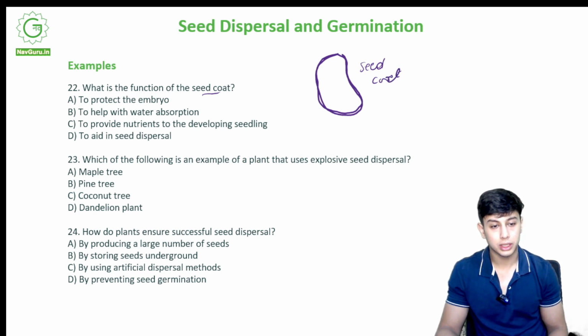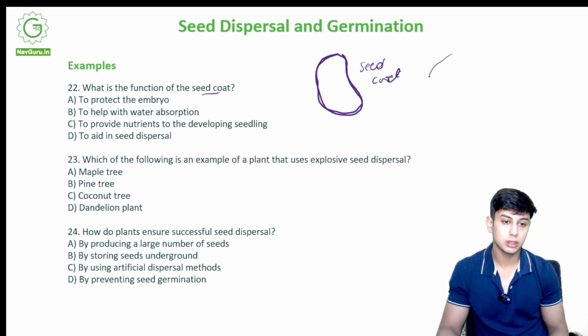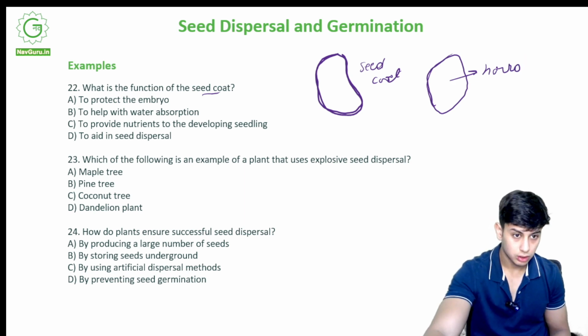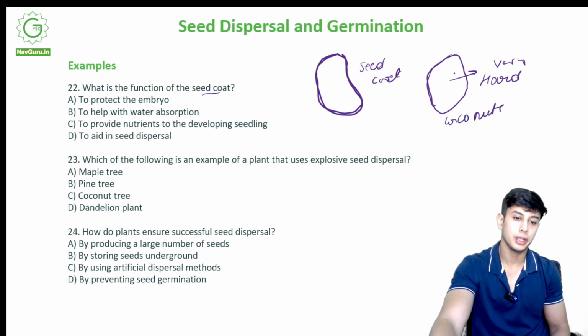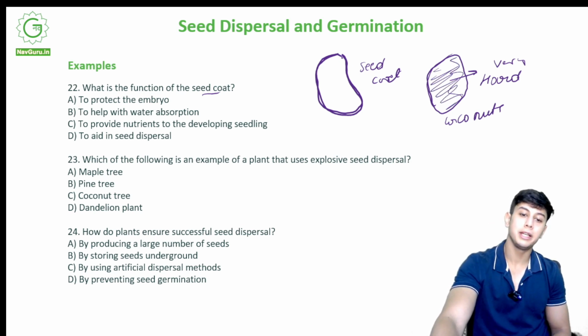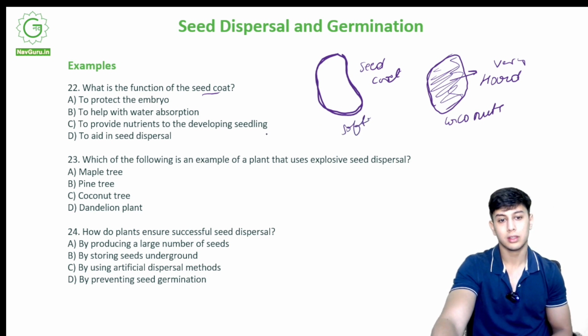In coconuts, the seed coat is very hard. In normal kidney beans like rajma, it is very soft.